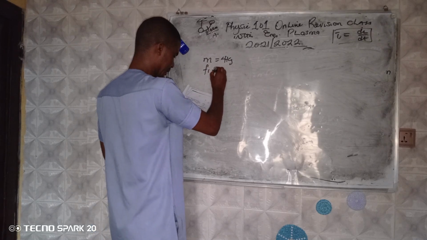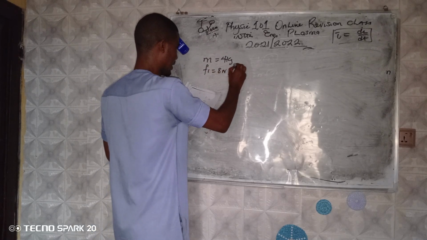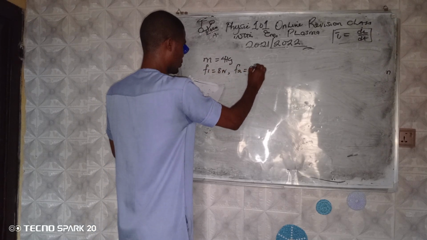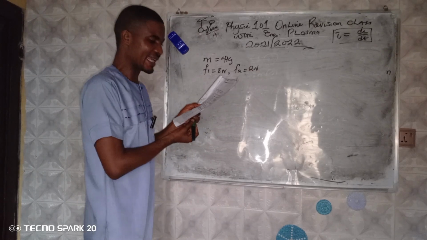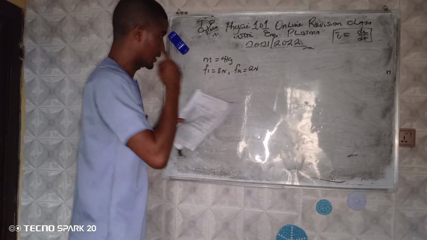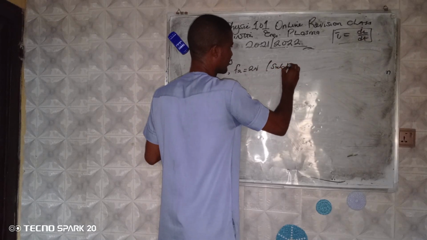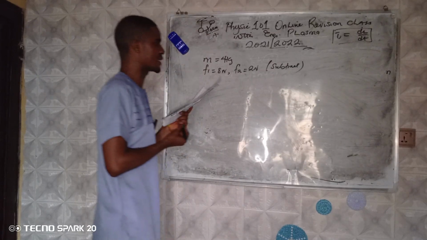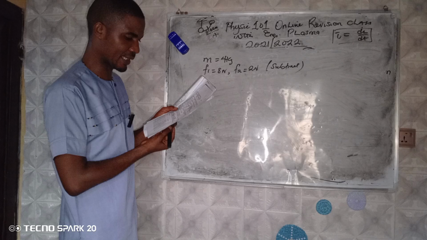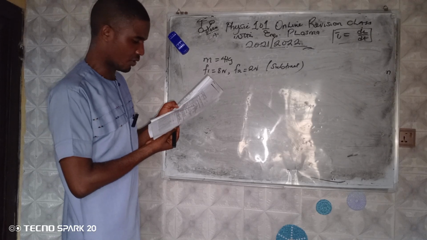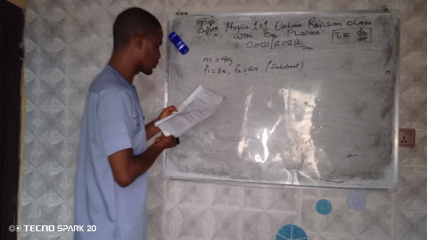F1 is 8 Newton, F2 is 2 Newton, and they say in opposite direction. Now, when they are acting in opposite direction, you are going to subtract. And it said calculate the acceleration produced by the system.